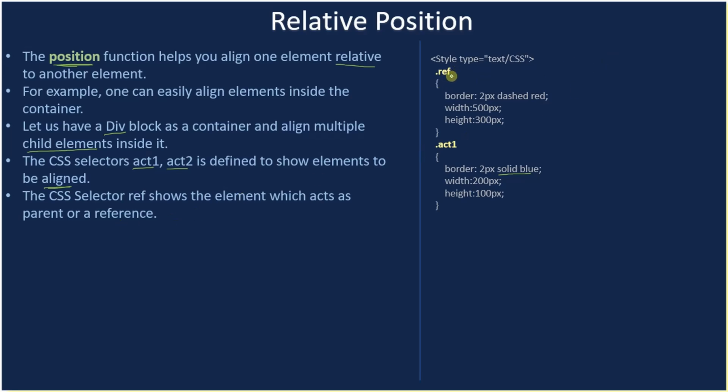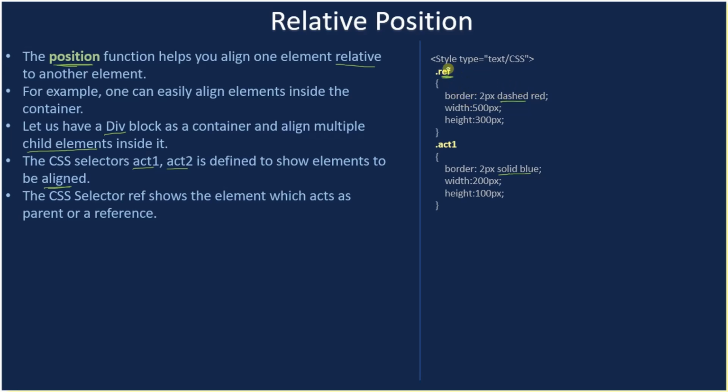So this is one CSS style rule. Here if you see, we are defining this style rule as a 2 pixel dashed red border, right? Here it is solid blue and this one is dashed red. This element we will be taking as a reference.